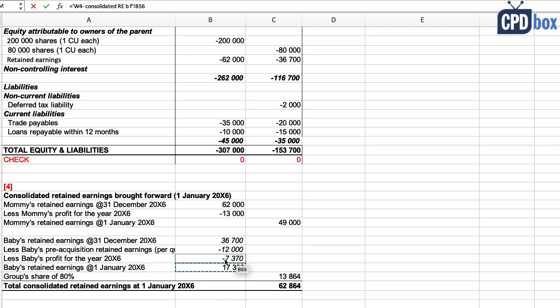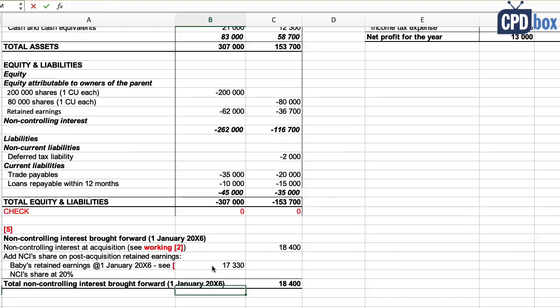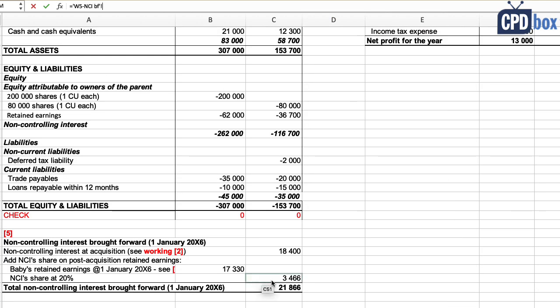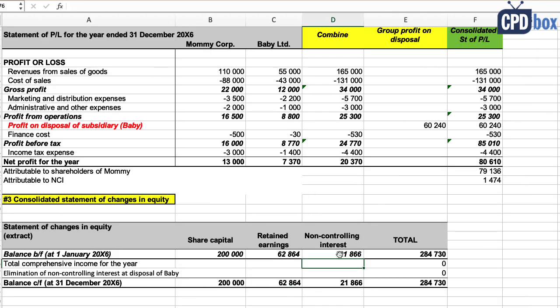Those are post-acquisition retained earnings only. And we have just calculated it in working number 4, 17,330. And we apply non-controlling interest share of 20%. So we get 3,466. So total non-controlling interest brought forward at 1st January 2006 is therefore 21,866. And let's bring that into our consolidated statement of changes in equity.